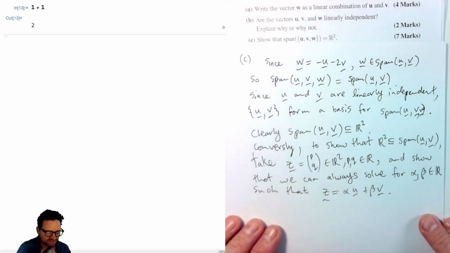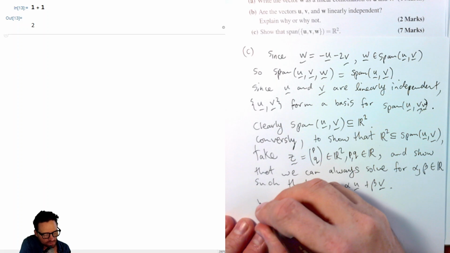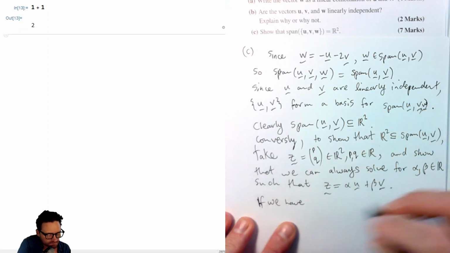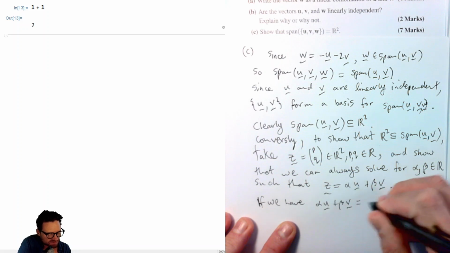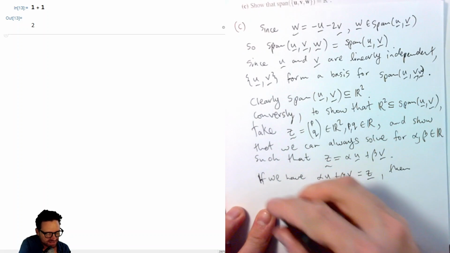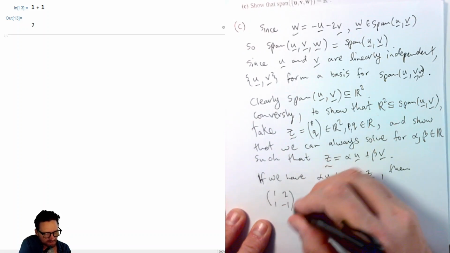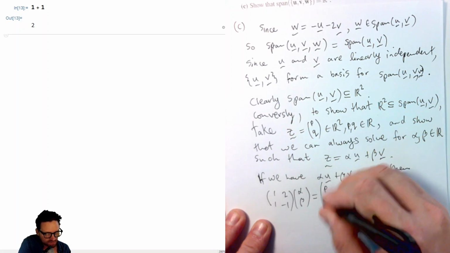Okay, so let's go ahead and show that we can always solve this. In other words, if we have alpha U plus beta V equals Z, then we can write this as the matrix [1, 1; 2, -1] times (alpha, beta) equal to (P, Q).